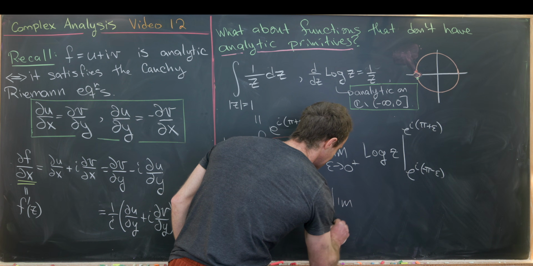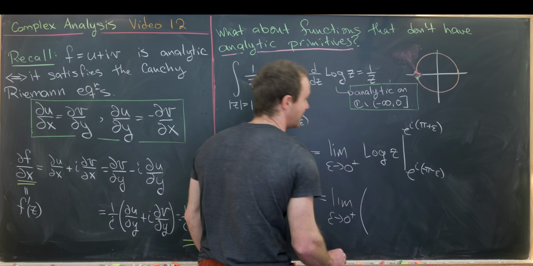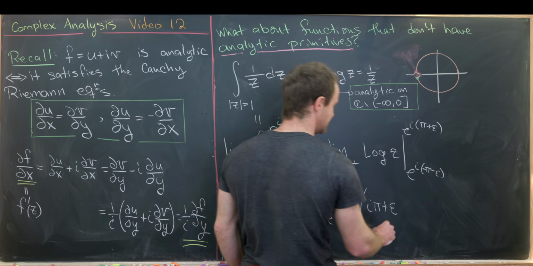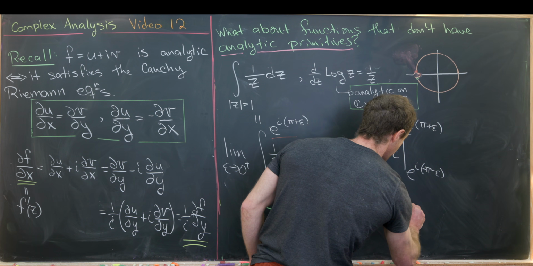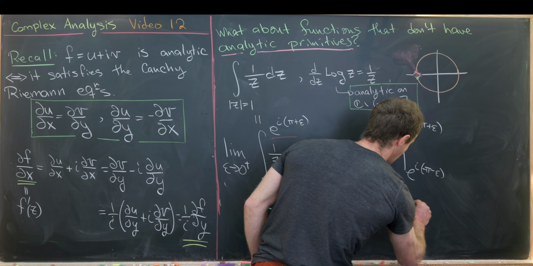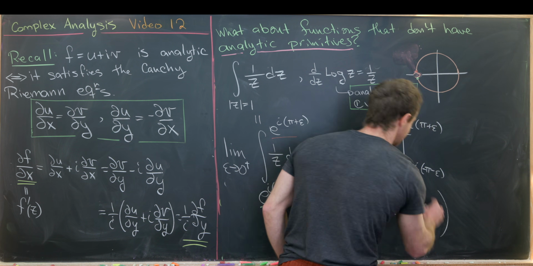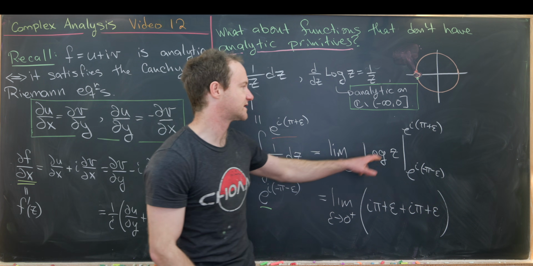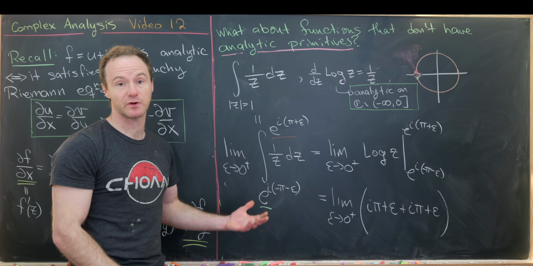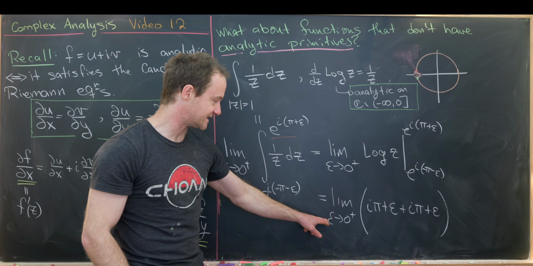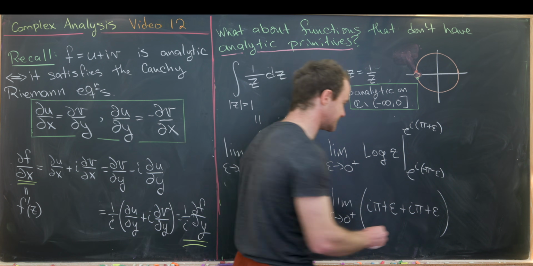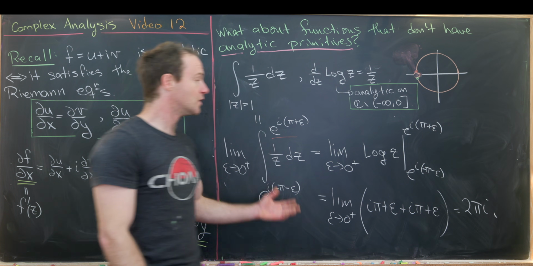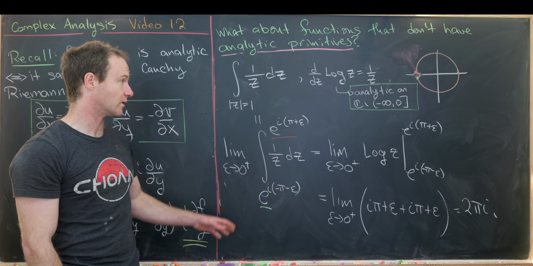This gives us i(pi - epsilon), and this gives us another copy of i(pi - epsilon), because the signs change after we do the subtraction. Notice the logarithm brings those exponents down. But now notice as epsilon goes to 0, those epsilon terms go to 0, and we get 2 pi i, which is the same result that we had before.